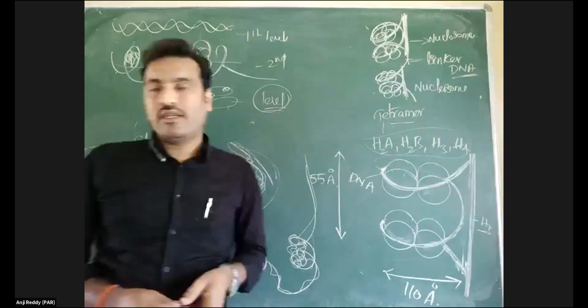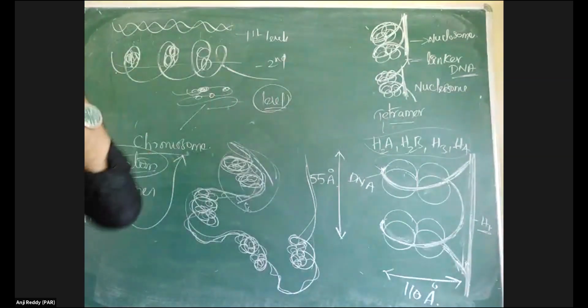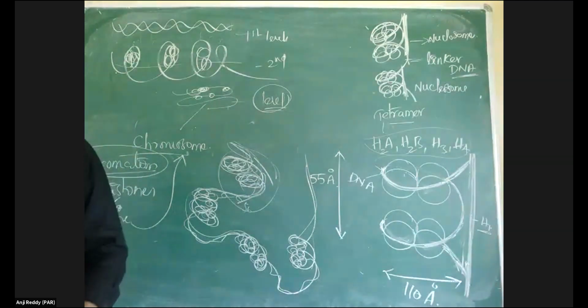Less stained or less colored regions are there, they are called as transcriptionally active form, which is called as euchromatin.